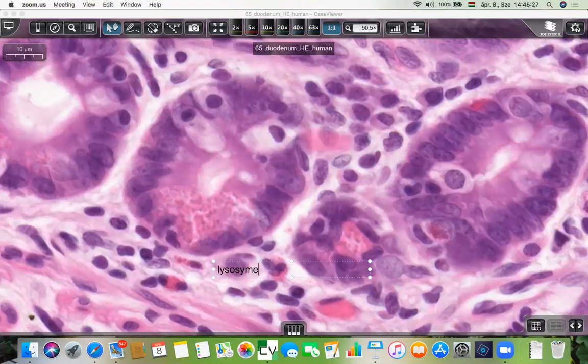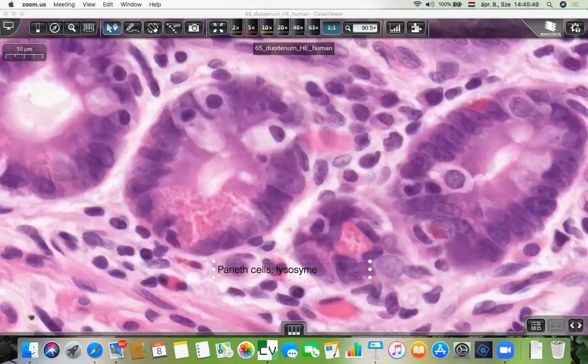But beside the lysosome, we have other molecules as well, and these granules just fight the foreign bacteria, foreign viruses, and the cells are called Paneth cells.